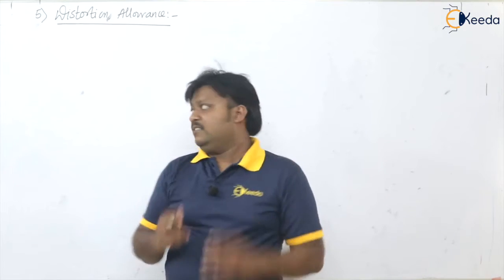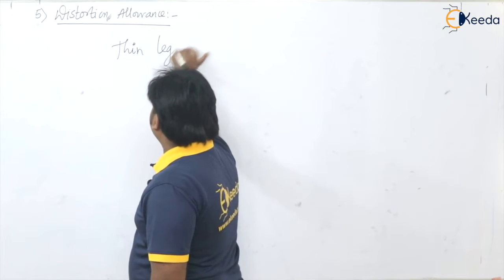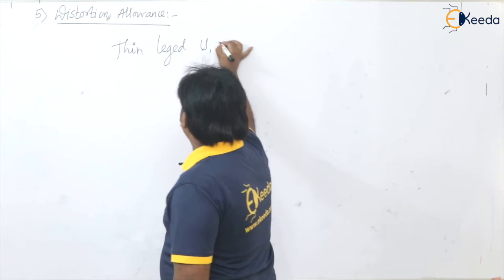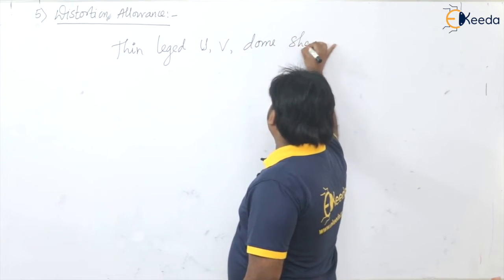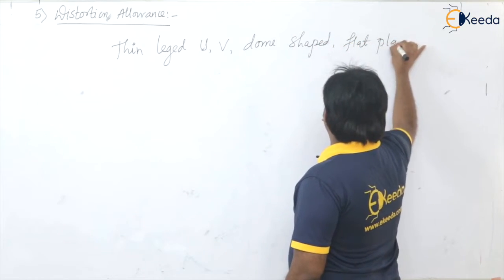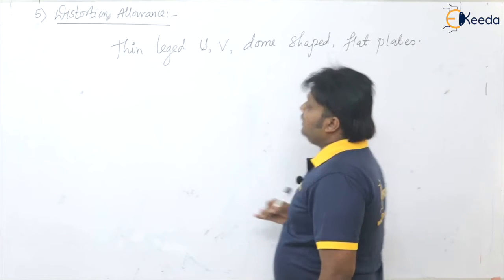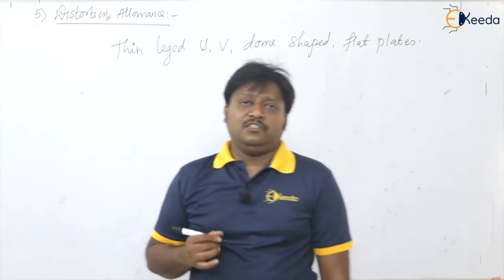Okay, thin-legged U, V, dome-shaped, or flat plates. Whenever we are casting such shapes, the distortion allowance is used.